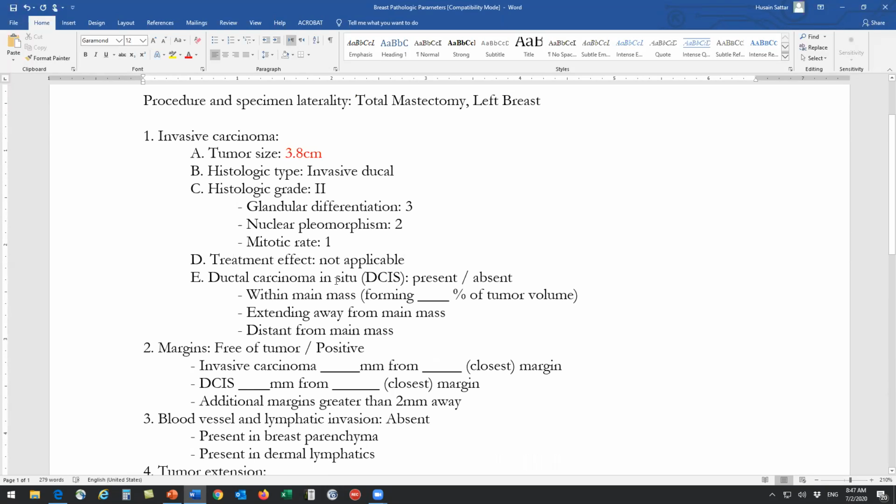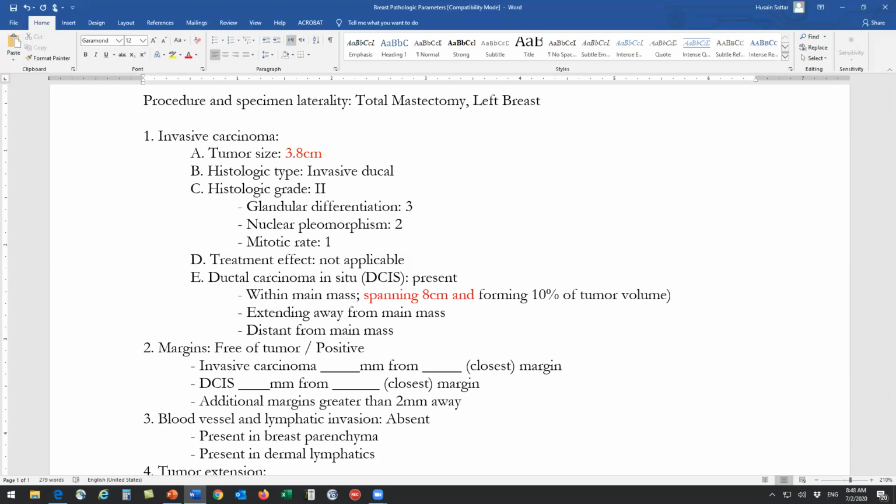Okay, and here in this case, I get a chance to comment on the DCIS. So if the DCIS is present, I would say present, and I might say this within main mass, spanning, sorry, let's make this red. Spanning 8 centimeters and forming, I don't know, 10% of the tumor volume.